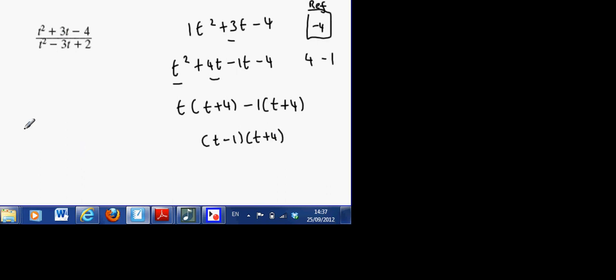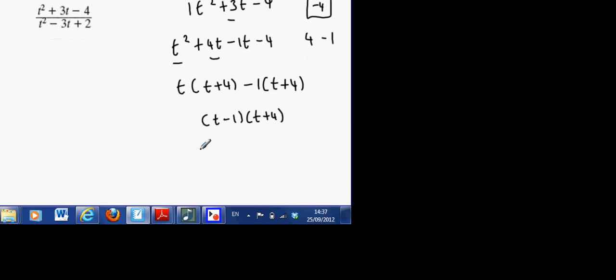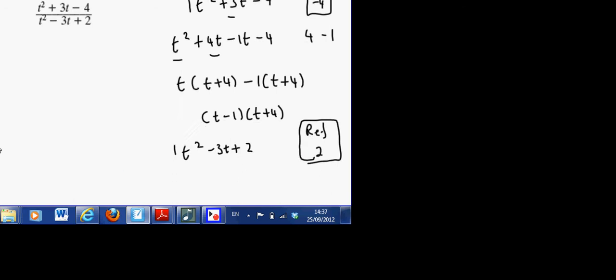You repeat the procedure for the next one, which is t squared minus 3t plus 2. The reference number for this one is 2. Break 2 up into its components. It's going to be 2 and 1.